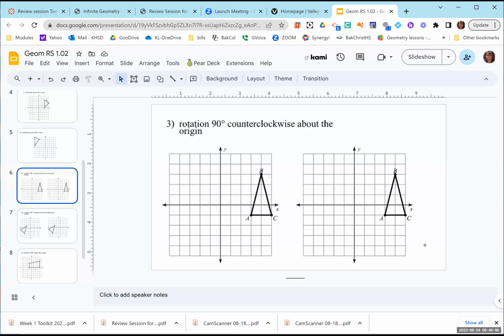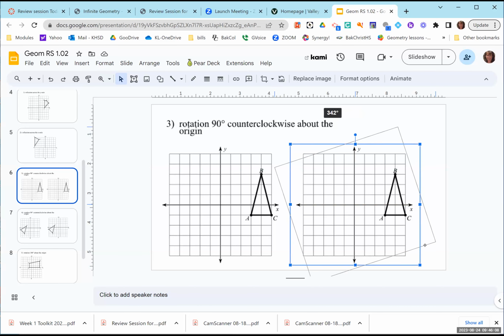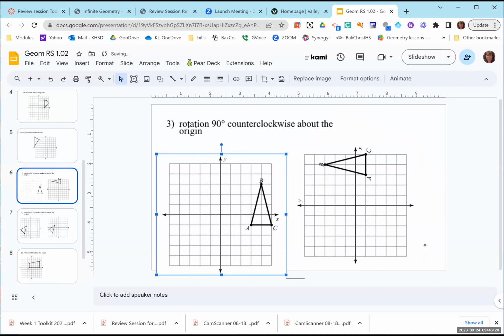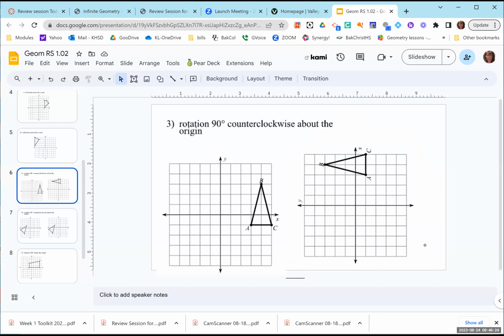Anyway, okay, so watch this. I'm going to rotate this 90 degrees counterclockwise. Okay, so see how it's going to need to be here. Okay, so we're going to go back to our paper.